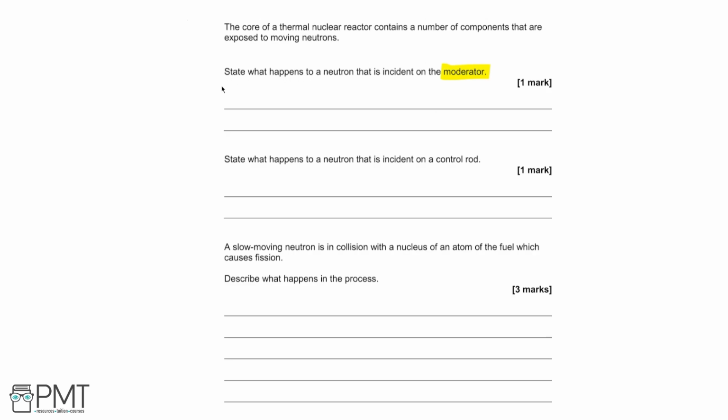Therefore, the answer is that the neutron collides with atoms in the moderator and loses speed as it is slowed down by the collision.